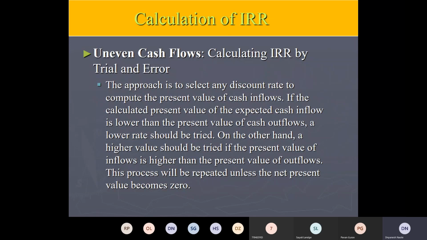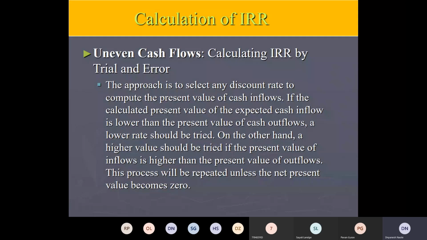On the other hand, a higher rate should be tried if the NPV is positive, that is, we should take a discount rate higher than the one we had taken for calculations. This process will be repeated until the net present value becomes zero, meaning the difference between the present value of inflows and the present value of the investment. We'll see a numerical, and at that time it will be clear to you.